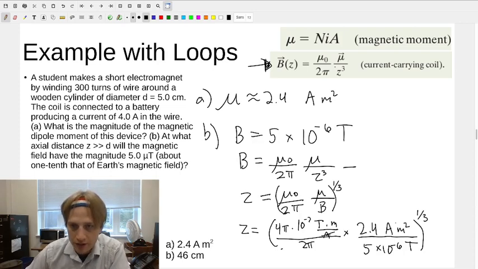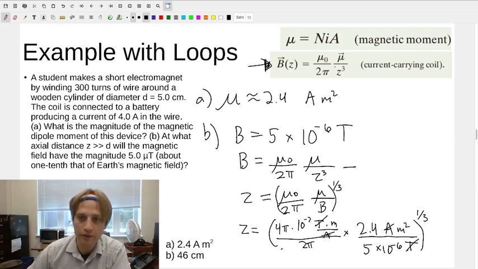Amps cancel out, Teslas cancel out, and I get meters times meters times meters, so that's meters cubed, and then I'm taking the whole thing to the 1/3 power. If I plug all of that in, I should get z equaling about 0.46 meters, or an answer of 46 centimeters.